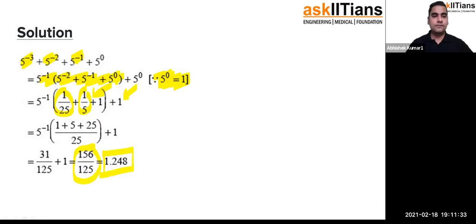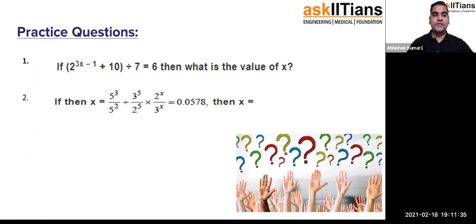Now we have two questions which you have to do as homework, guys. These are the practice problems for you. The first problem says if you have the expression 2 raised to the power 3x minus 1 plus 10, divided by 7, and after division you are getting 6 as the value, then for what value of x is this going to be true?